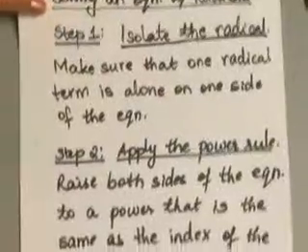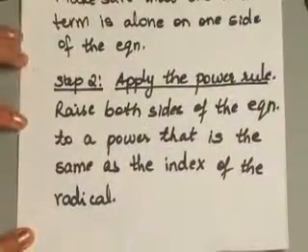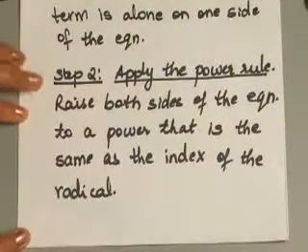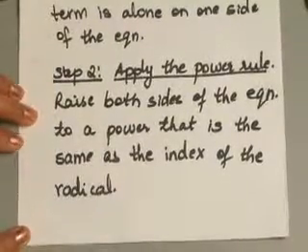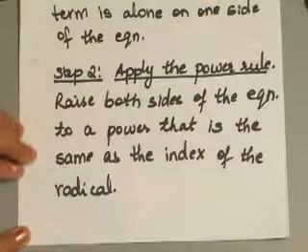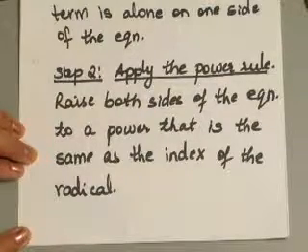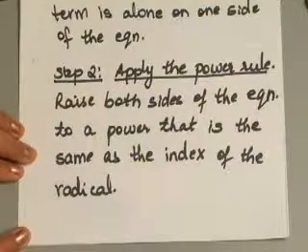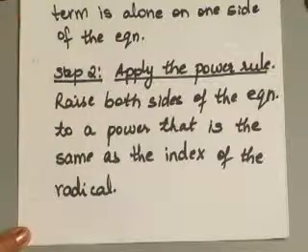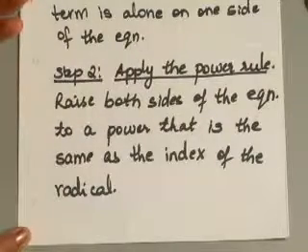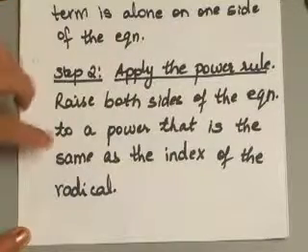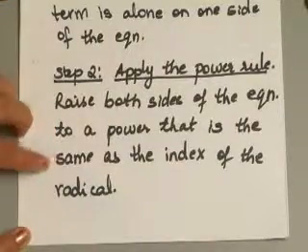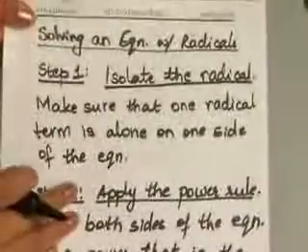Your next step is to apply the power rule, like we just saw in that example. Raise both sides of the equation to a power that is the same as the index of the radical. So if you have a cube root, when you apply the power rule, you raise your equation to the 3rd power. If you had a 4th root, you raise it to the 4th power. So your power has to be the same as the index of your radical.